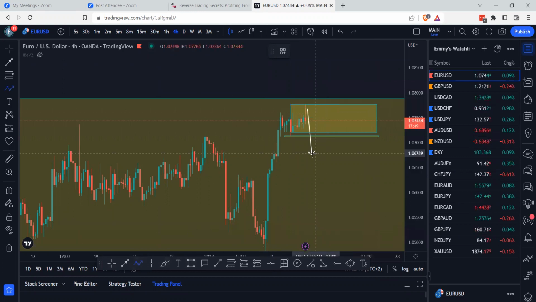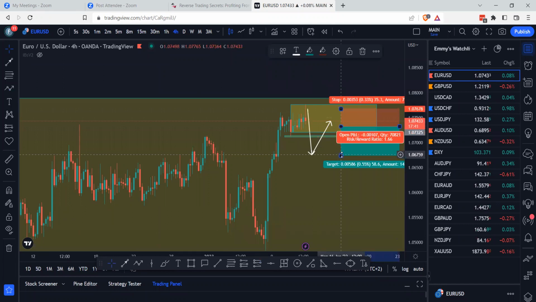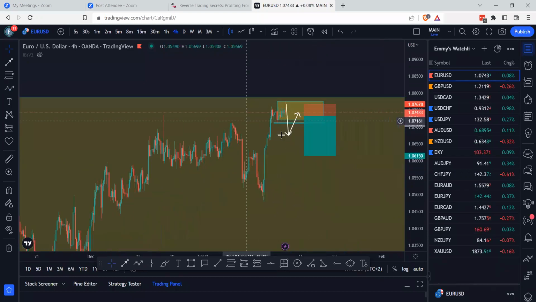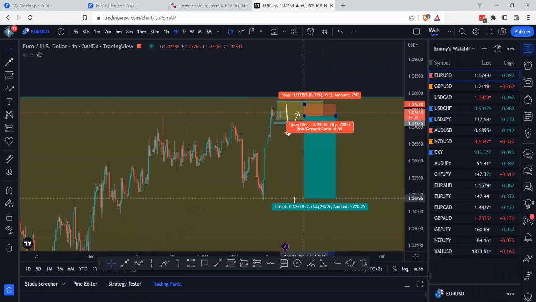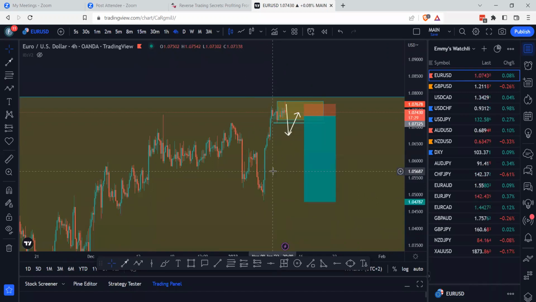And then in this supply zone, I'll be looking for sell opportunities. So I can either sell it into this demand, or I sell it to take out liquidity at this low here. Okay, so possible 1 to 3, 1 to 4, 1 to 10 setups are going to happen on lower time frames.